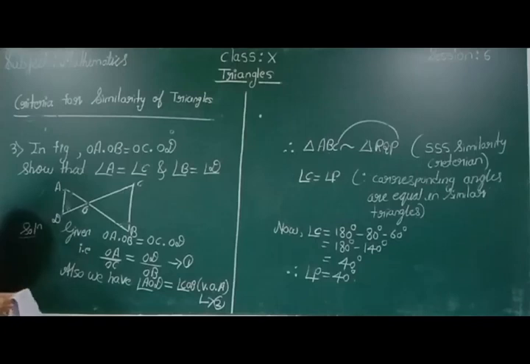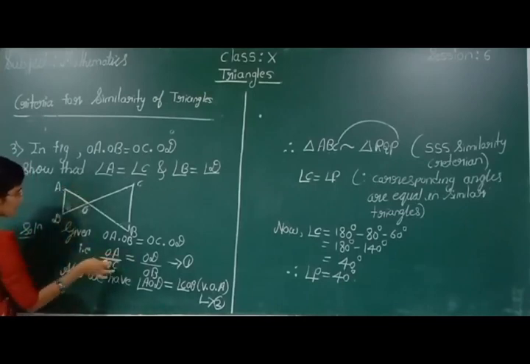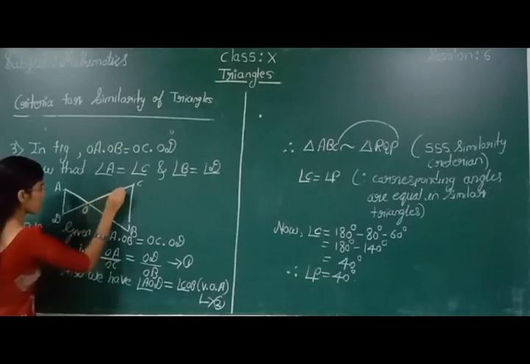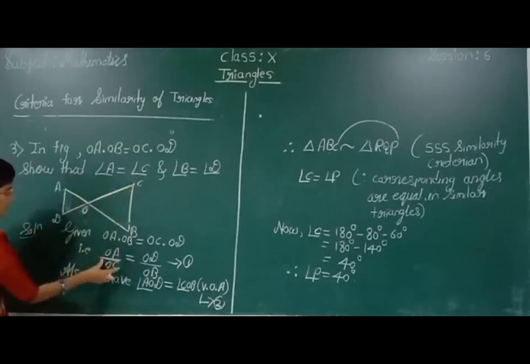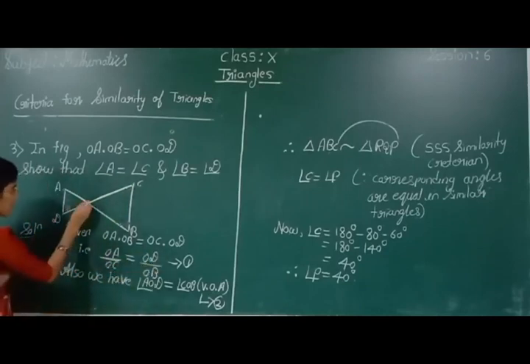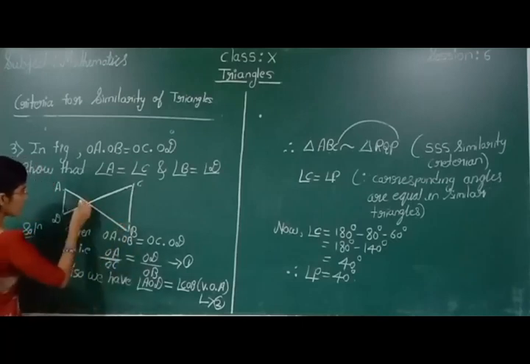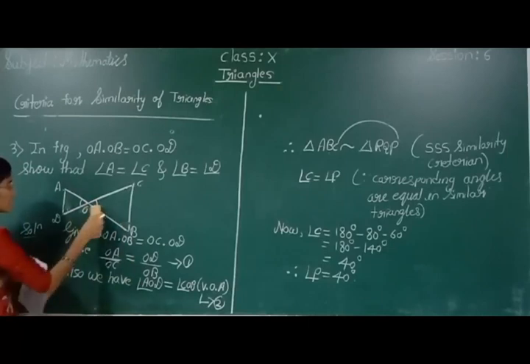See here, by comparing 1 and 2, we can tell that OA by OC, this ratio is equal to OD by OB. Okay, and here this angle and this angle are equal. We can tell that these two triangles are similar.